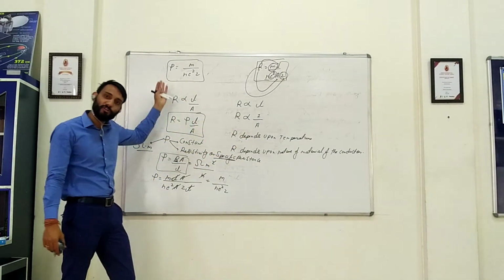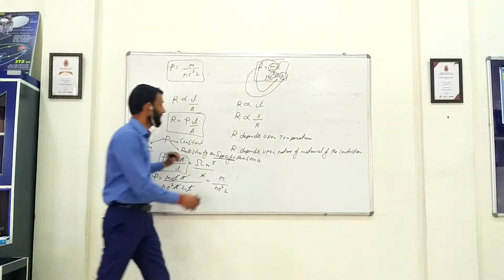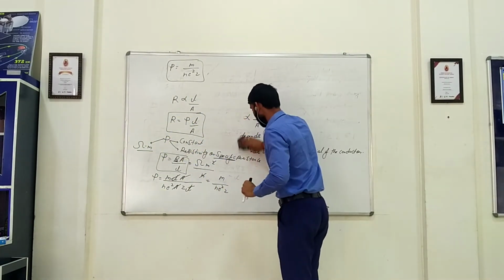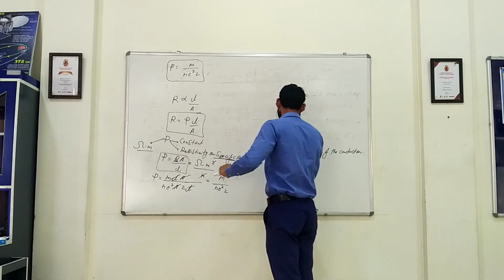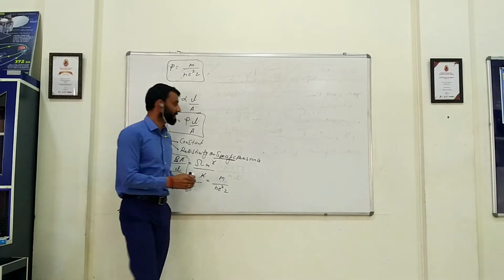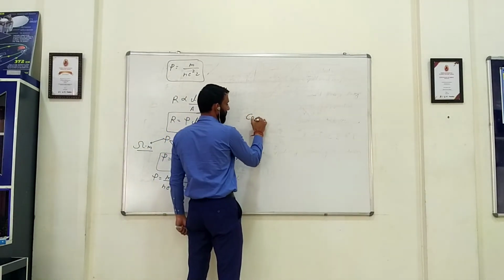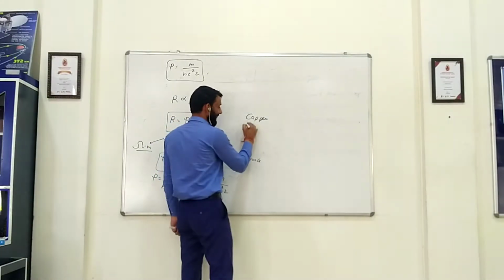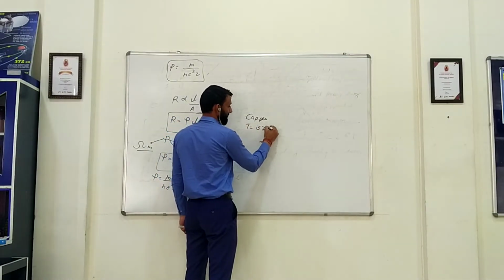Now you must be thinking, sir, we have already studied resistance, why am I studying this? To answer that, let me ask you a question. Suppose I have taken two wires and both are of copper, at a temperature of 373 Kelvin.